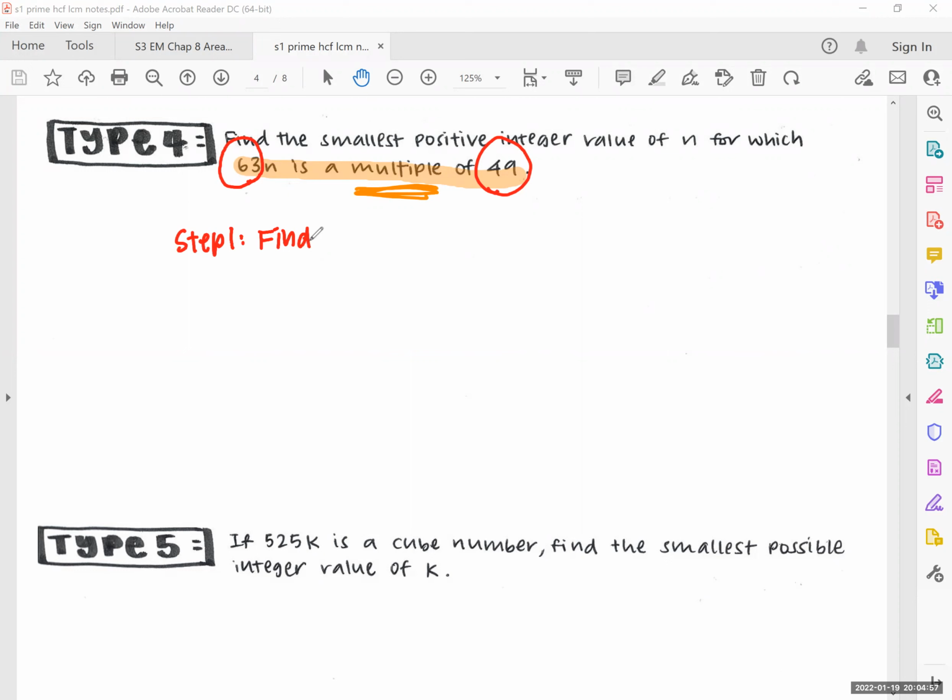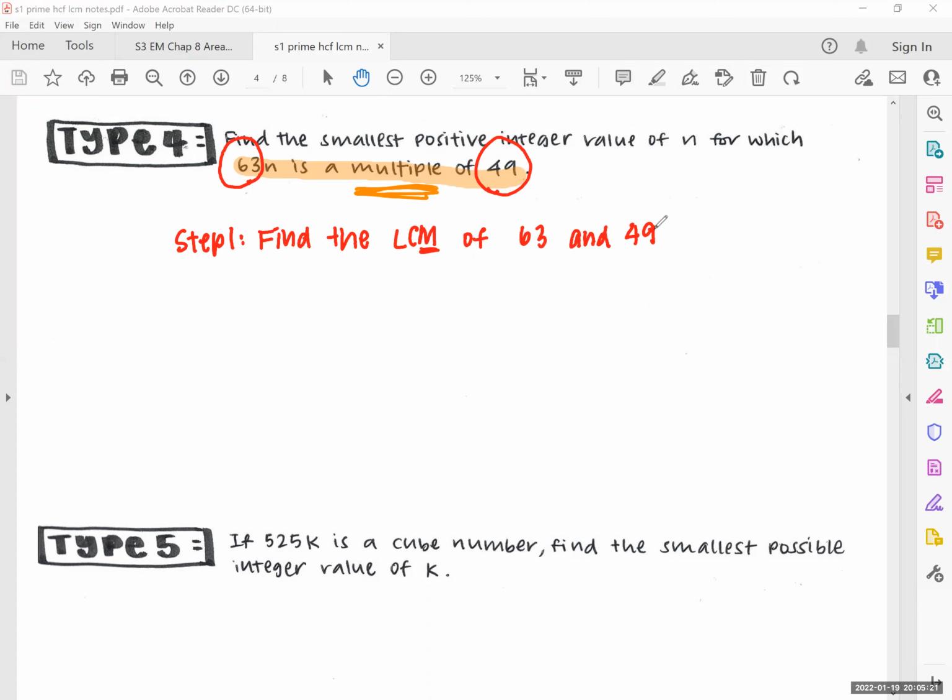Which one do you think makes sense? You see the word multiple, so obviously you know it's an LCM question. It means you need to find the LCM of 63 and 49.